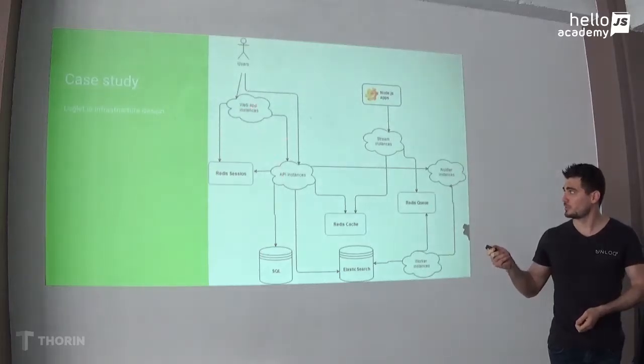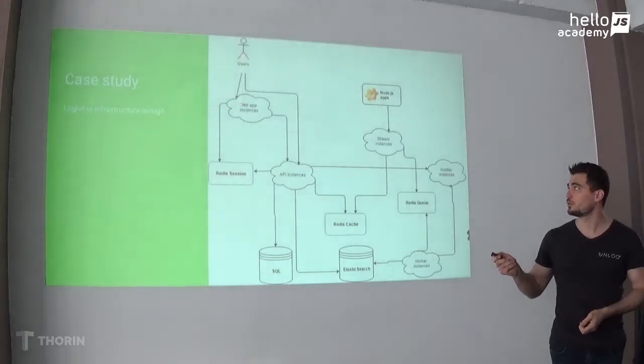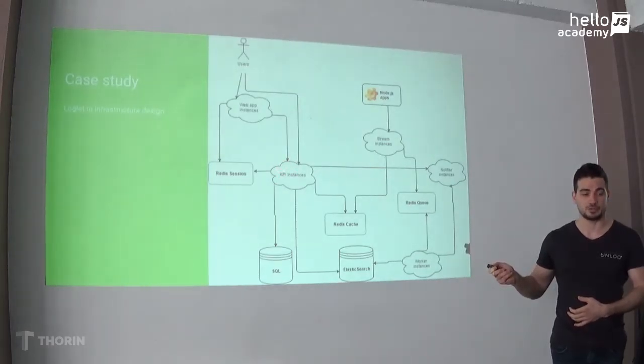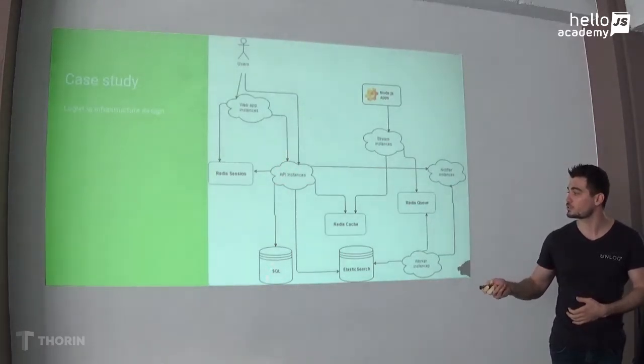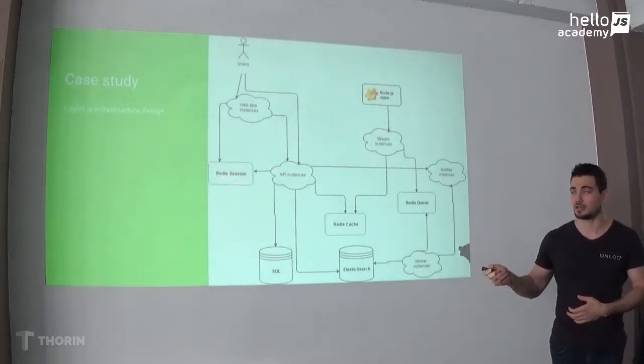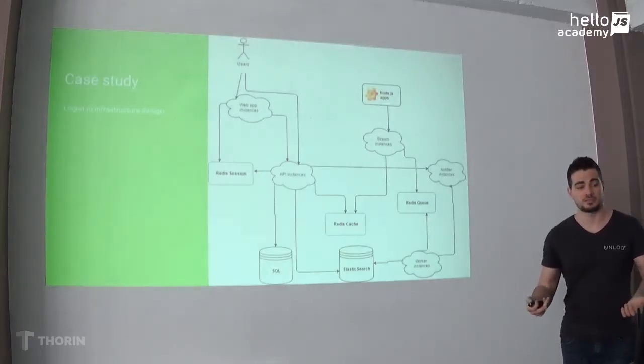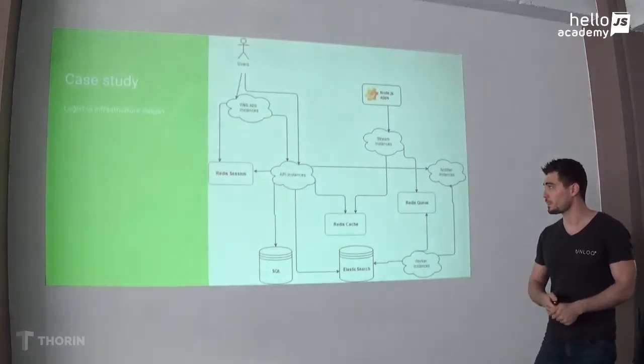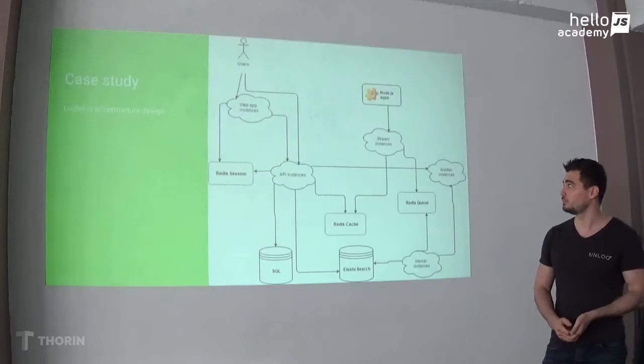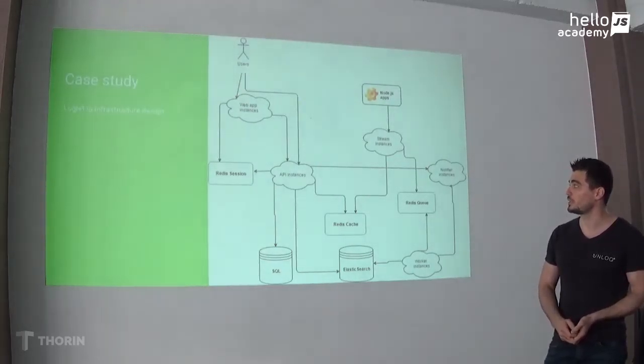It also communicates with the API instances, so that when a user wants to log in, it proxies the request to the API instance, which knows how to handle the actual user, and it knows how to go to the SQL storage to fetch the user information, and go to the Redis session to create the actual session, and then just finalize the request back. Then the user is redirected to the account page, and it's logged in, the session is there, and it can just go on with its web application.